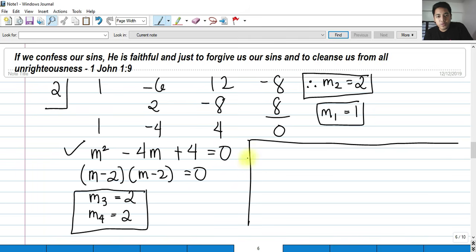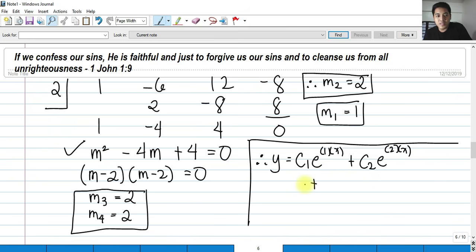Therefore, our solution would be y. So these two are distinct. So we have c sub 1 e raised to m sub 1, 1 times x, for distinct. And we have m sub 2, c sub 2 e raised to 2 times x, for a distinct factor.